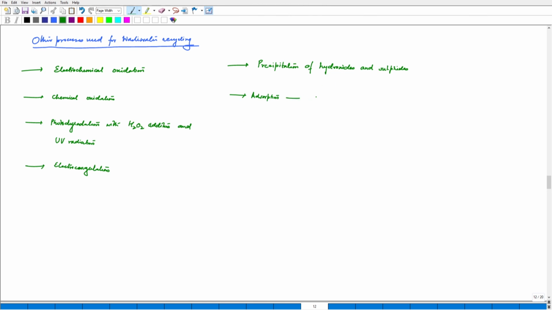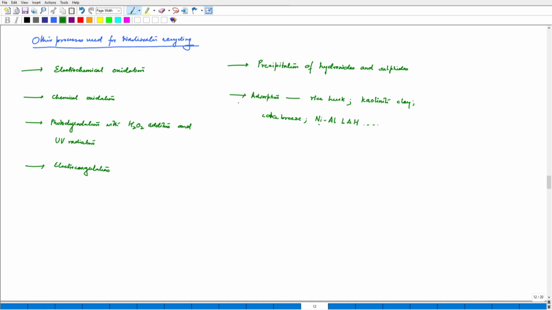So we'll just write adsorption using rice husk or kaolinite, clay, or coke breeze, or nickel aluminium LDH, layered double hydroxide actually, NiAl LDH, and so on and so forth.